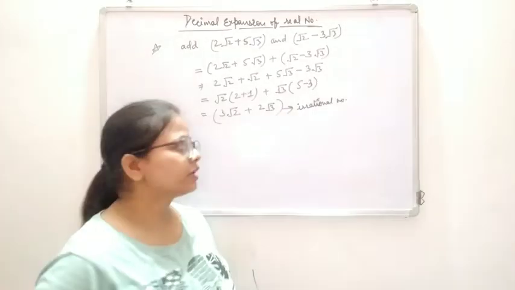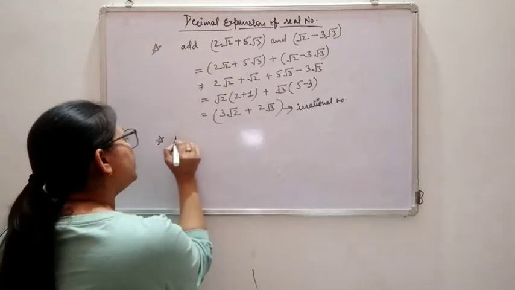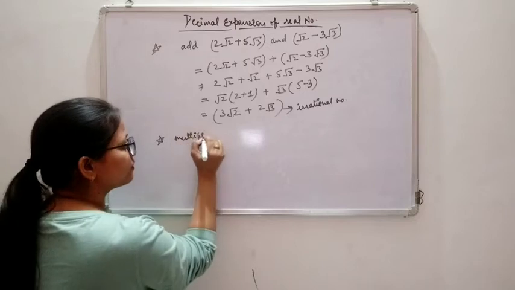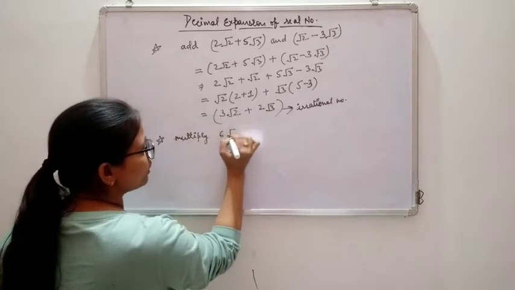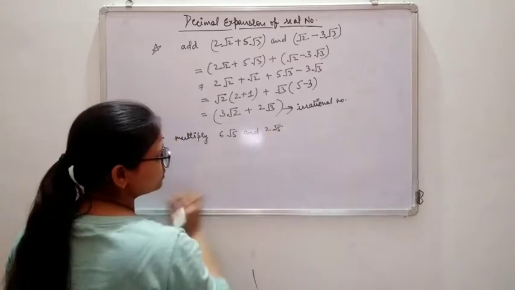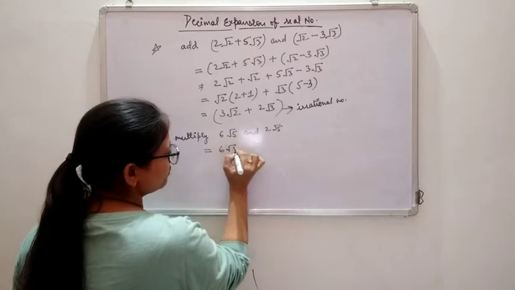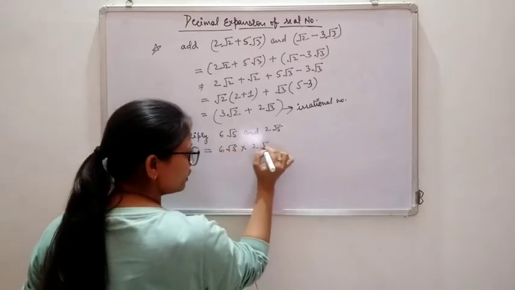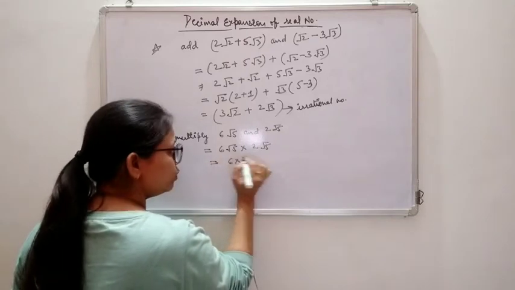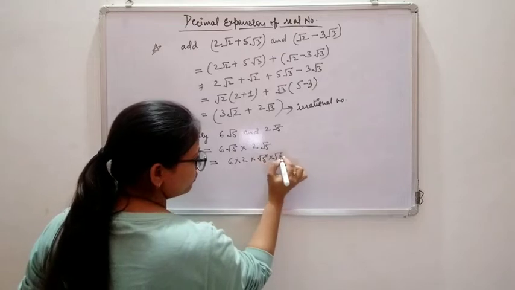Clear? Let's take another example. Multiply 6 root 5 and 2 root 5, right? So 6 root 5 multiplied by 2 root 5. It will be like 6 multiplied by 2 and root 5 multiplied by root 5.